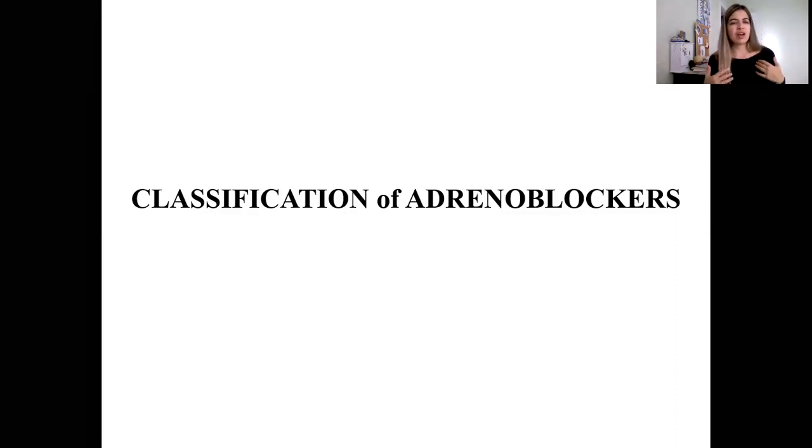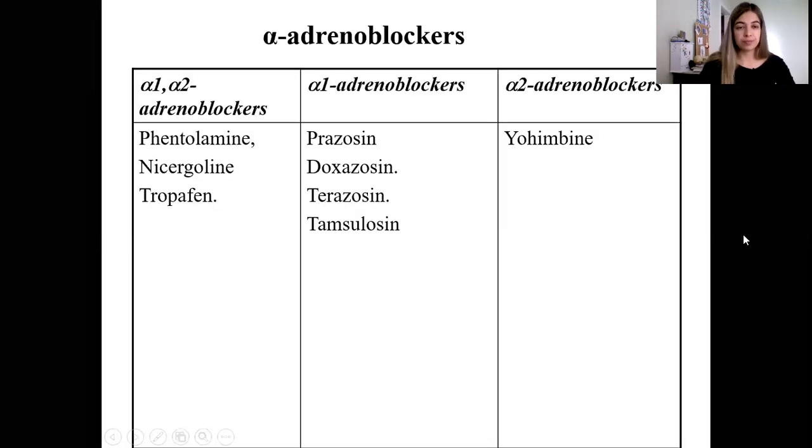We always have to work a lot, and our heart is working too much. That's why our problem is overactivity of the sympathetic system. In this case, using drugs which block the effects of the sympathetic system becomes more and more relevant. So that's why we use adrenoblockers quite often.